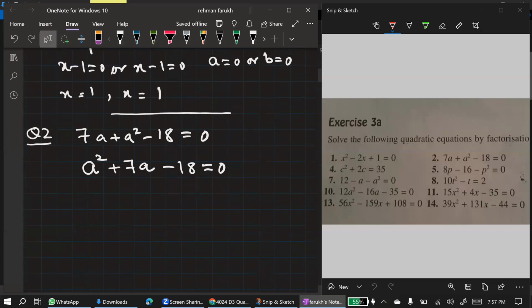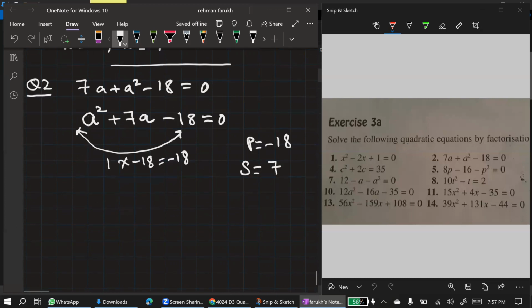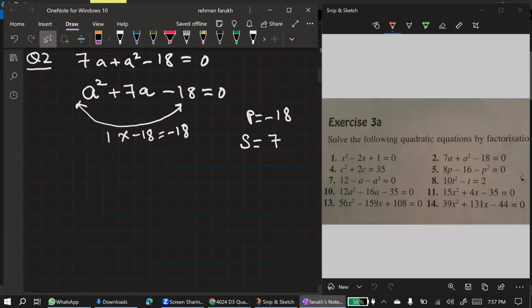Now we will multiply the coefficient of first term with the last term. So the product is minus 18 and the middle term should be the sum of the two numbers, that is 7. The coefficient of middle term is 7.